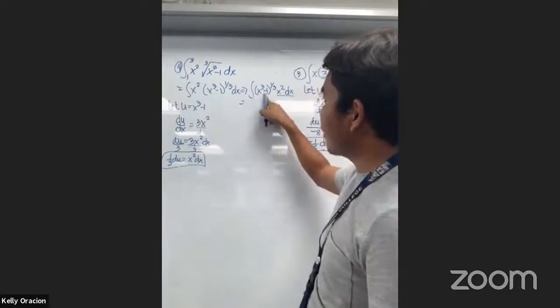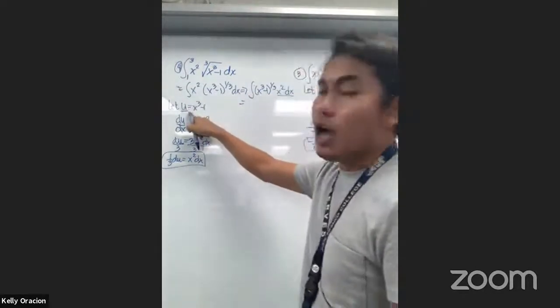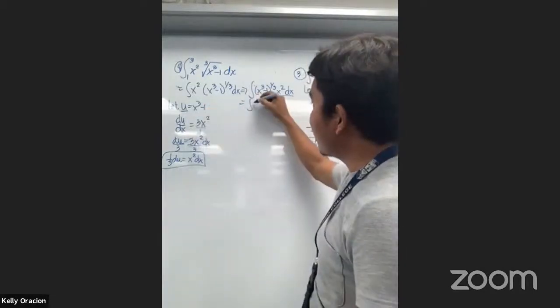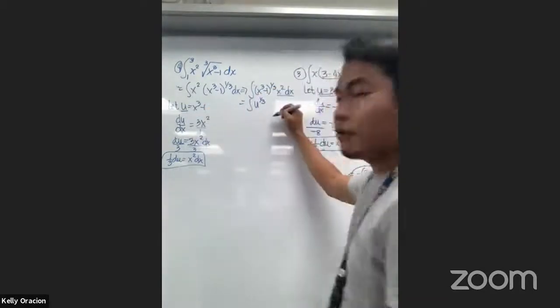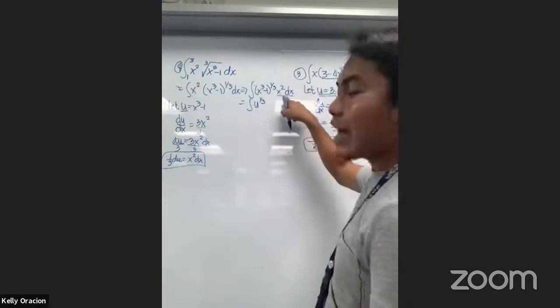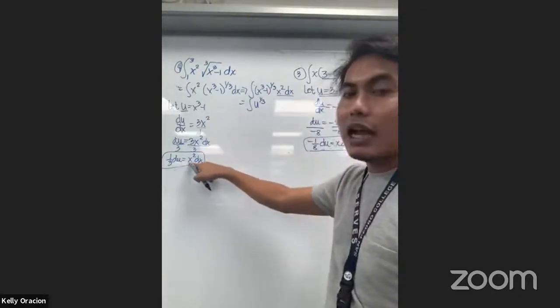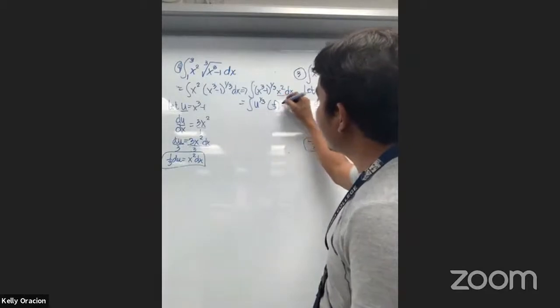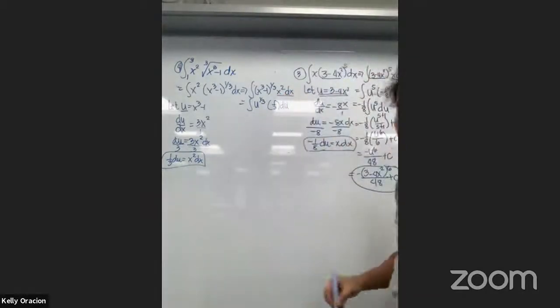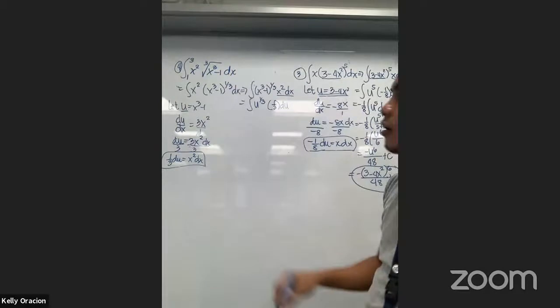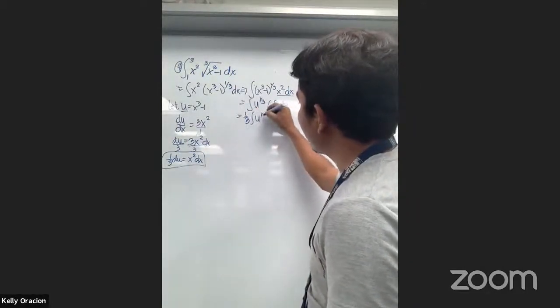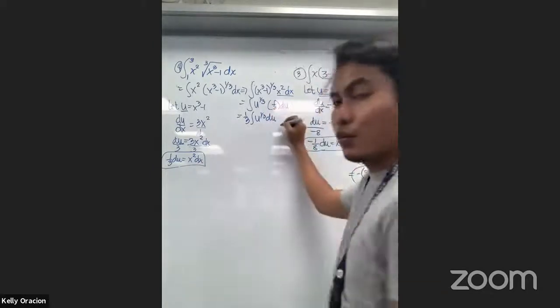So, x cubed minus 1 is our u, so it becomes u raised to 1/3. Then the x squared dx is this, that's 1/3 du. So we have a constant 1/3, u raised to 1/3 du.